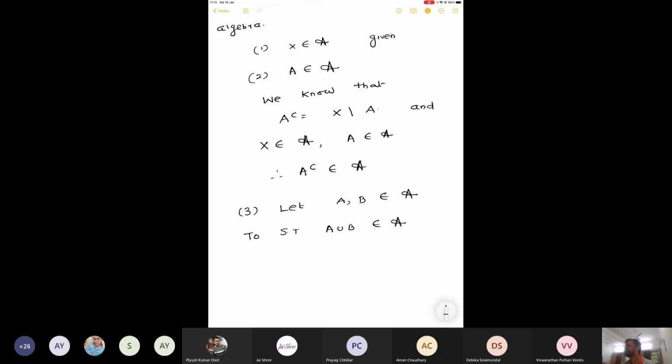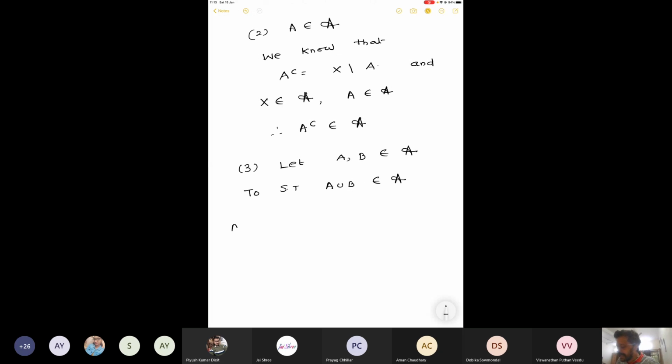And for that, I have to invoke De Morgan's law. So first, A union B complement is A complement intersection B complement by De Morgan's law.